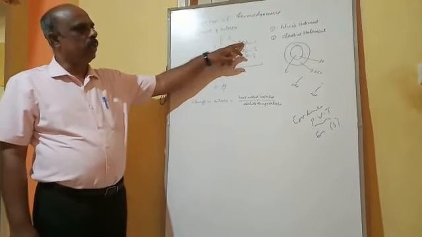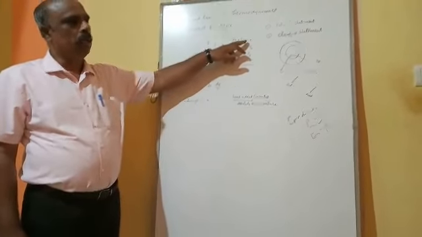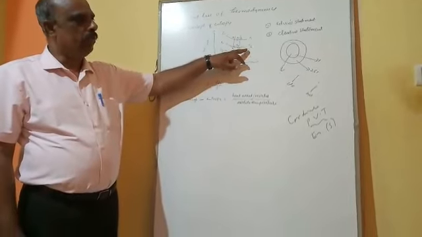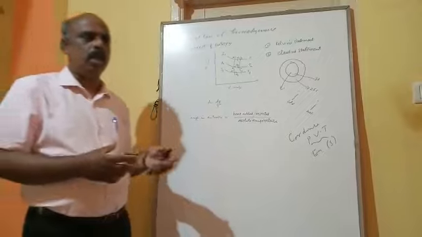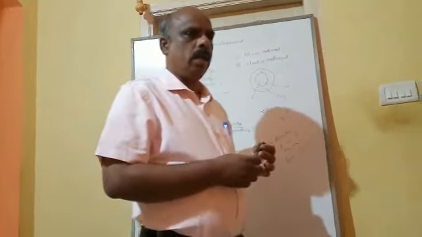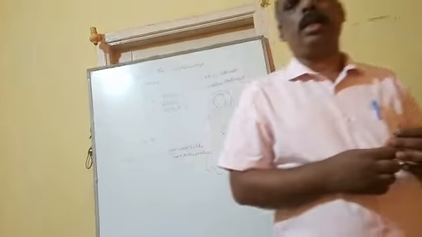If this is Q1, Q2, T1, T2, then you can represent that concept. I already told this in the explanation of Carnot's heat engine.